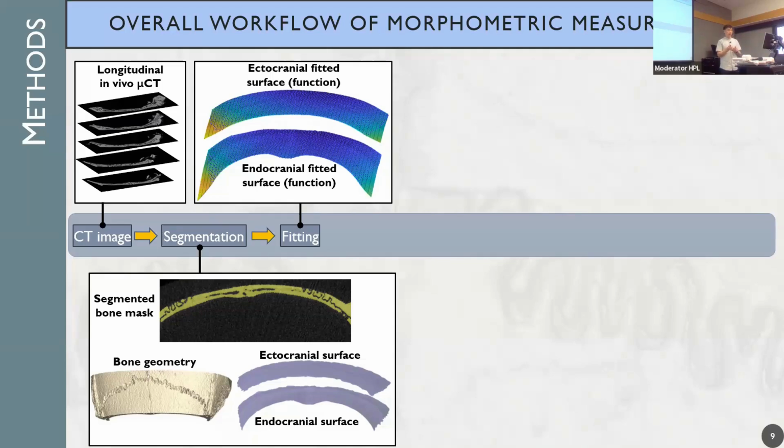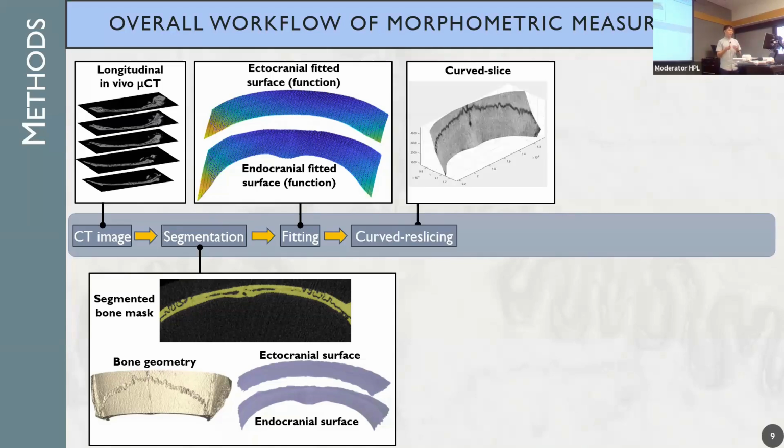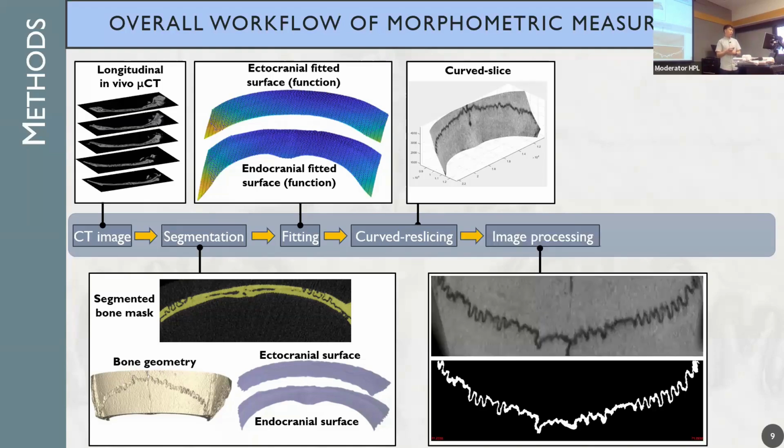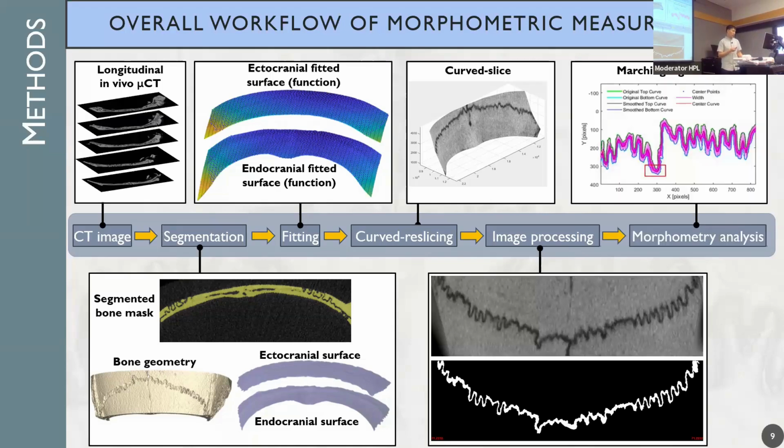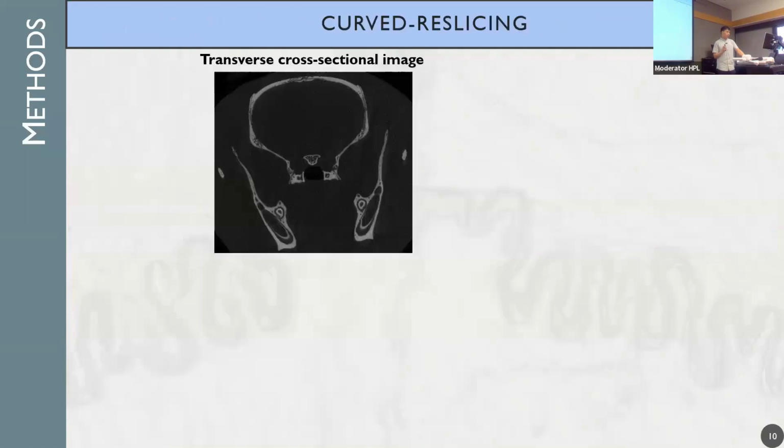Using that surface function, I was able to reslice the initial micro-CT image. With more image processing, I was able to get a binary image of the coronal suture. Finally, using a marking algorithm, I measured morphometry of the coronal suture.